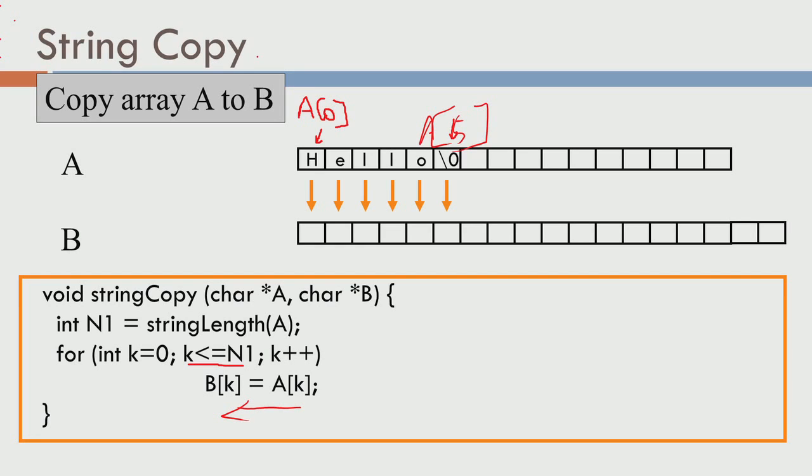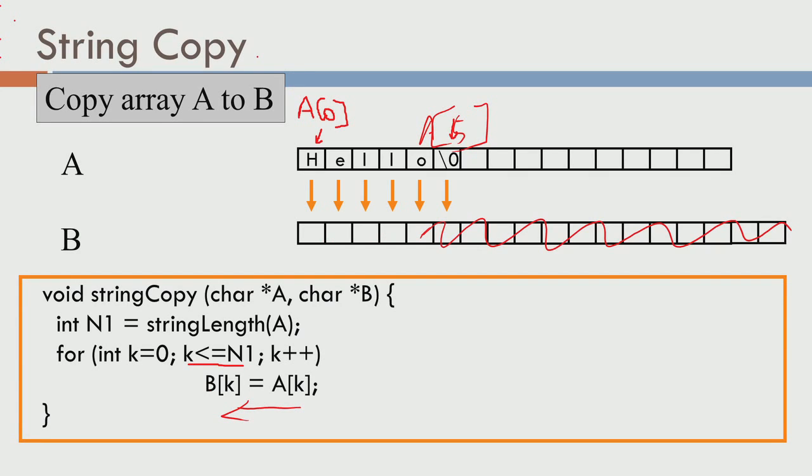One thing you should notice is that even though both A and B have more space here, you are only copying the number of characters that is in A that is needed and a \0 that is mandatory to terminate a string. One thing that you should probably go and think about is, what if B did not have enough space? Let us say B had only space for 4 characters.